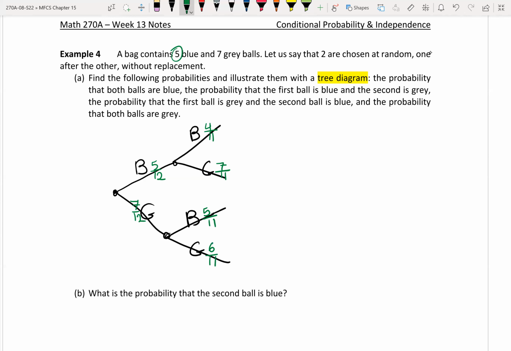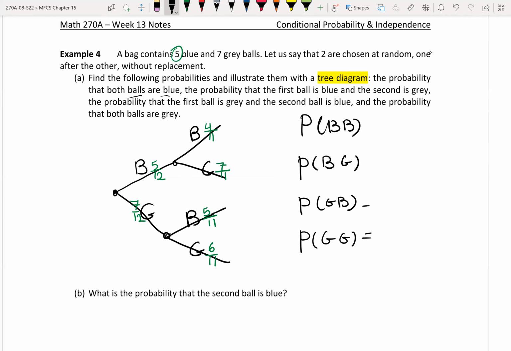Okay. So then we are listing what the question asked me to do: probability of blue and then blue. Probability of blue and then gray. The probability of the first ball to be gray and then blue. Probability of both gray, okay? Which is the product rule, right?